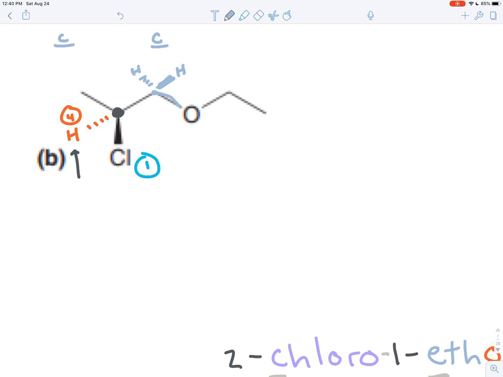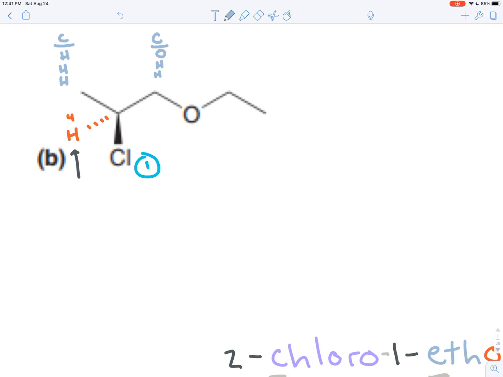The highest atomic number here is oxygen, and after that would come the 2 hydrogens. Then this other carbon is bonded to 3 hydrogens, and because those all have the same atomic number, it doesn't matter what order you list them in.